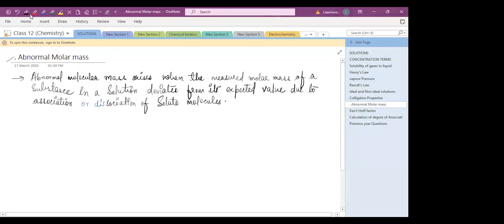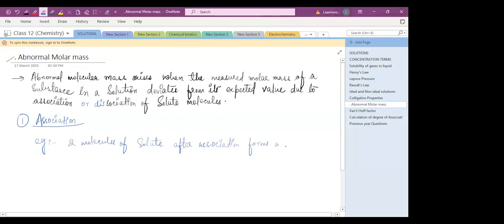Now let's see the first case, association. Association means when solutes undergo, for example, two molecules of solute, after association, form a dimer.